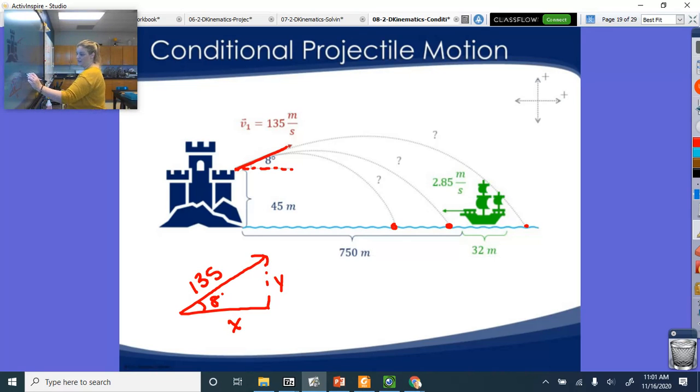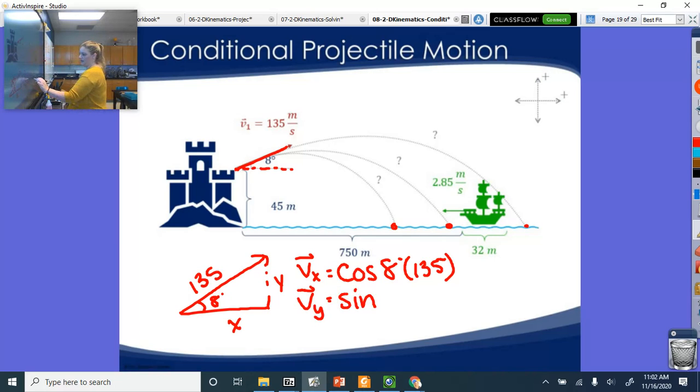The velocity in my x is going to be cosine of 8 degrees times 135. And the velocity in my y is going to be sine of 8 degrees times 135.